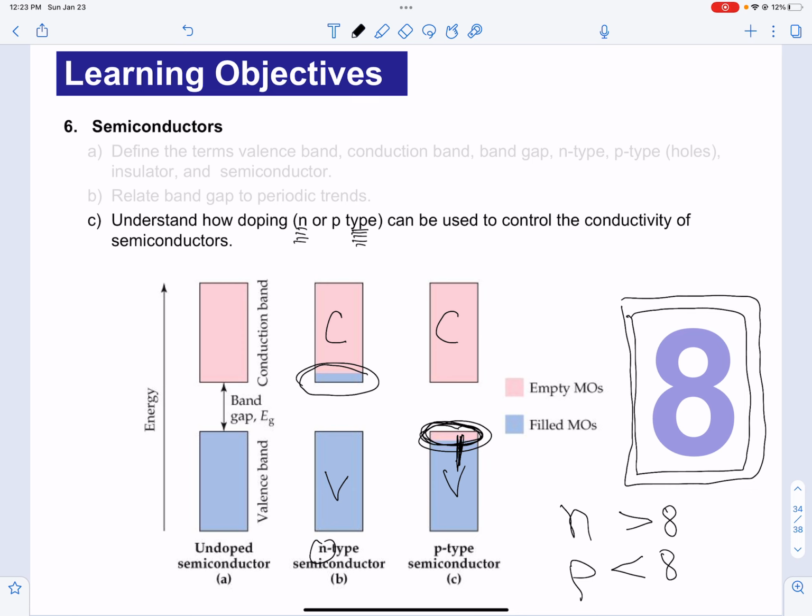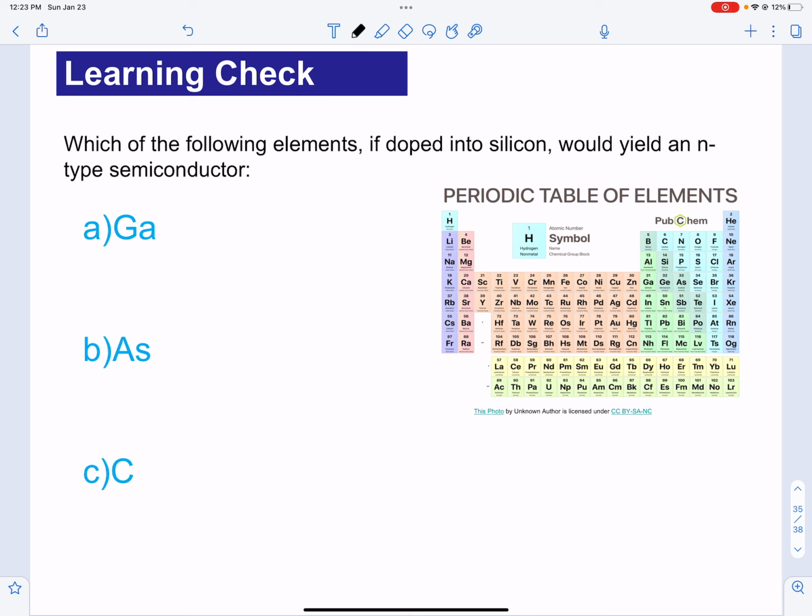So how do we know if you have an N-type or a P-type? Well, we're going to look at the alloy that we're going to have. If I have a network, a solid that contains those elements, and I put silicon into it, am I creating a P-type or an N-type semiconductor? Well, this is how we do it.